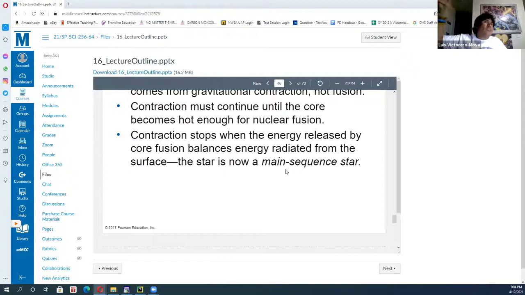Because at the moment you start talking about a protostar, that's when you start having luminosity and temperature. And if you have luminosity and temperature, you can start locating them in the H-R diagram.